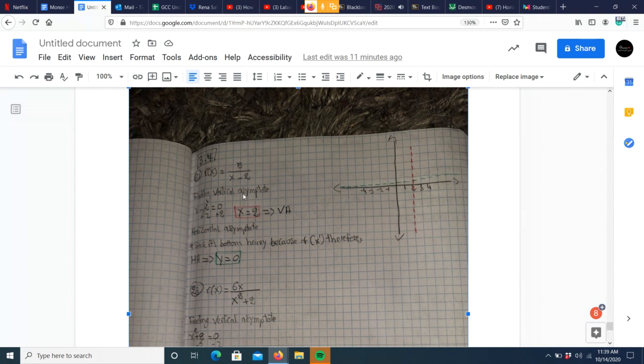Okay. So now, we want to find the horizontal asymptote, right? The horizontal asymptote is found by taking the leading term of the numerator and denominator. The leading term in the numerator is 5. The leading term in the denominator is x. So now we're left with 5 divided by x. We think about x going to infinity and negative infinity. x is a very, very big number.